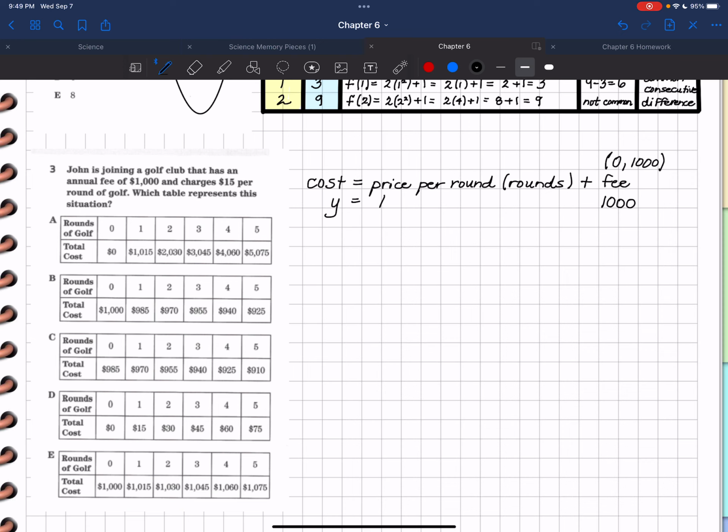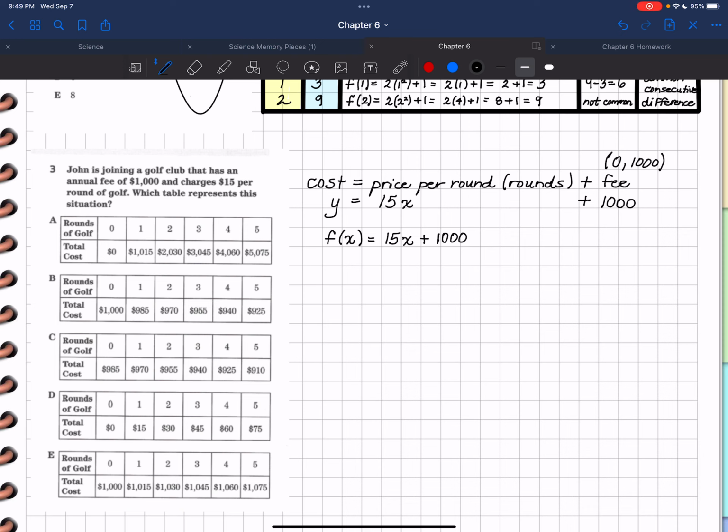The price per round is 15, and X is the number of rounds. If you write this in function form, you're going to have f of x equals 15 times x plus 1,000. That is the function for this story.